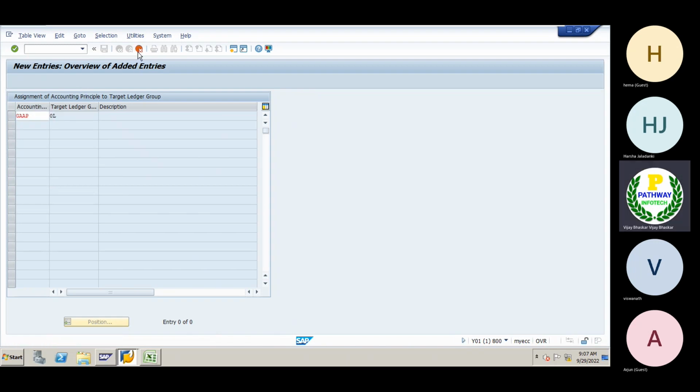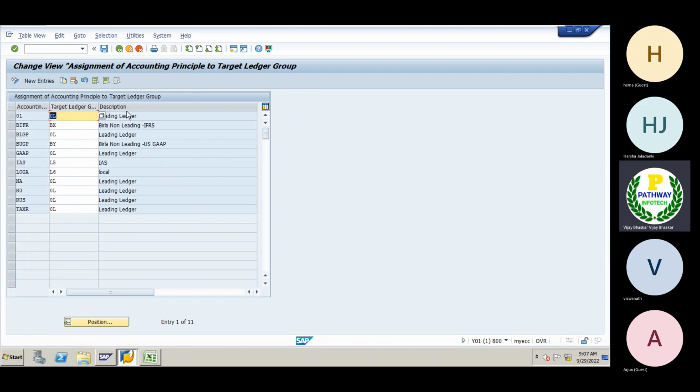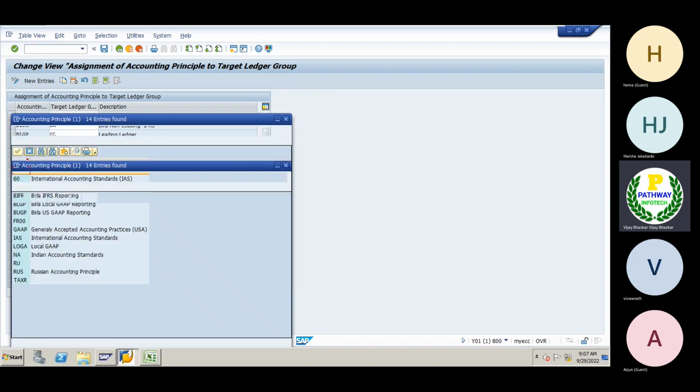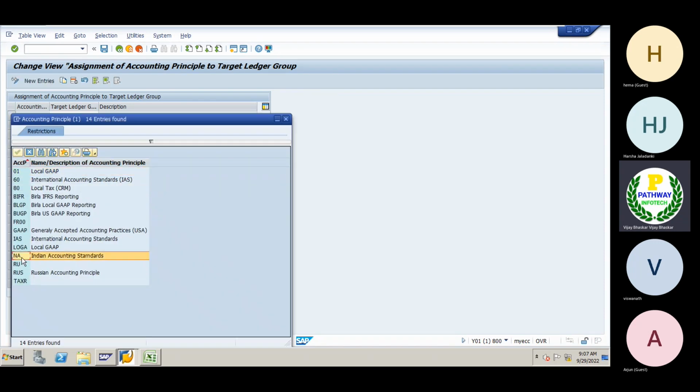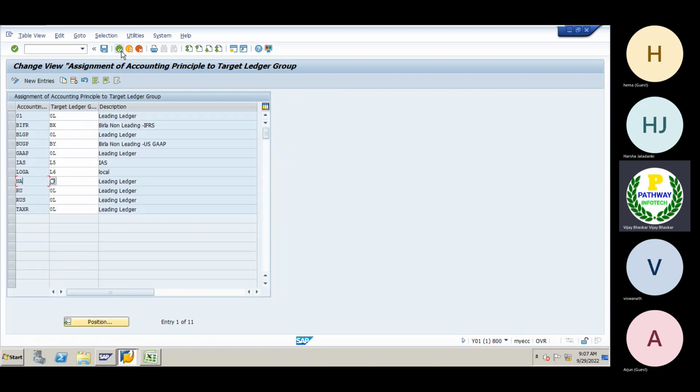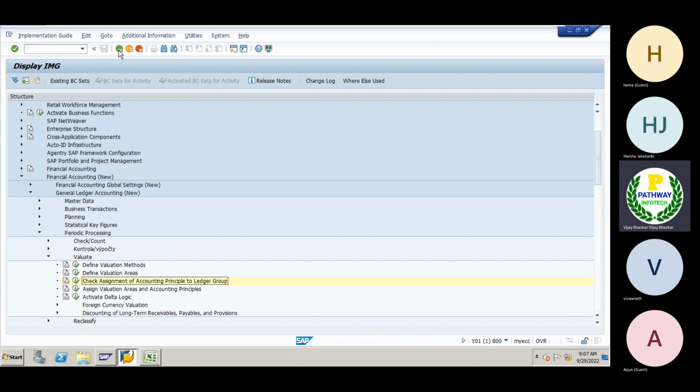Okay, entries already exist, fine, no problem. The system will calculate, because our intention is the Indian accounting standards, which we have already specified. We have created NA for Indian accounting standards. The foreign currency revaluation is to be run for the Indian accounting standards.